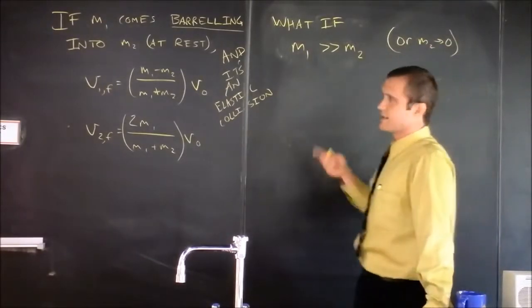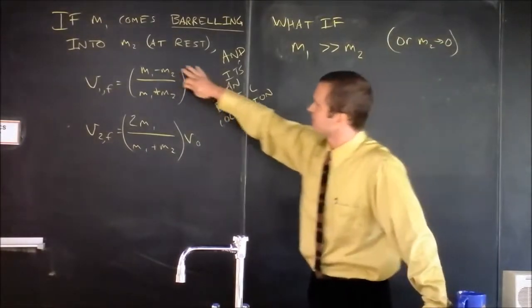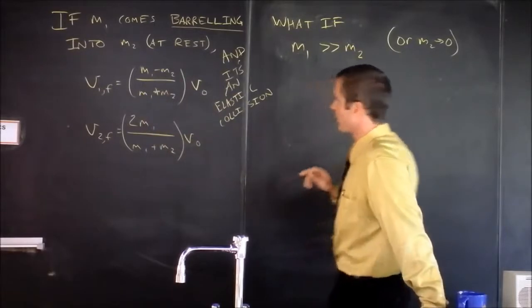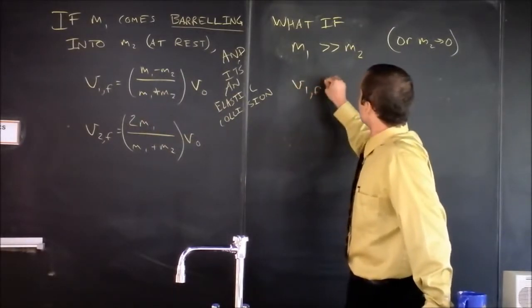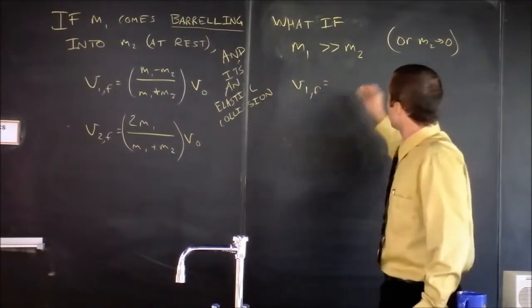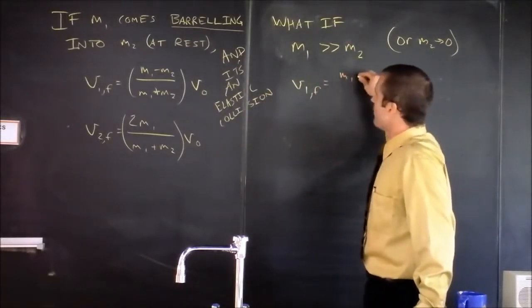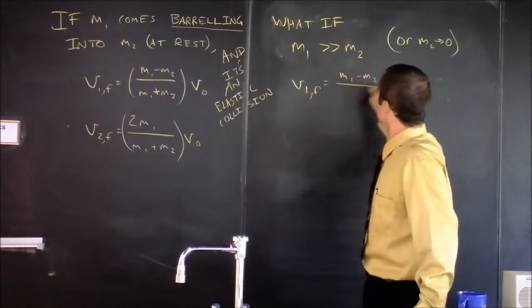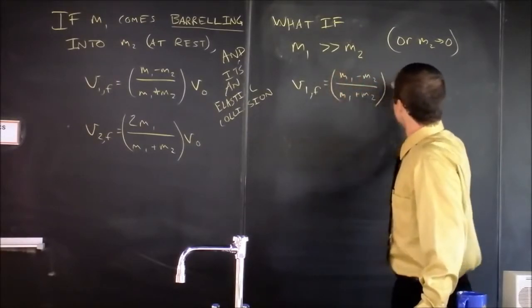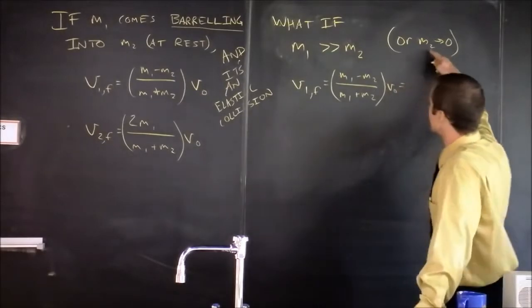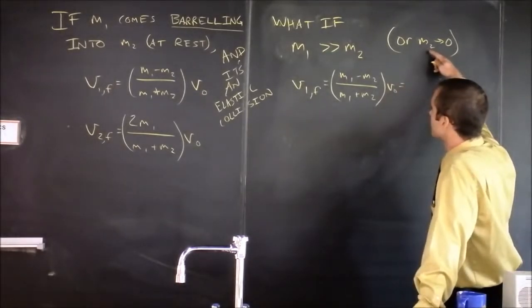And you'd be surprised, it's not exactly the opposite, because there's some asymmetry between m1 and m2 over here. So let's look at the final velocity of the massive thing. How does that change? We're going to have m1 minus m2 over m1 plus m2 times v naught, and we're supposed to say m2 goes to 0.